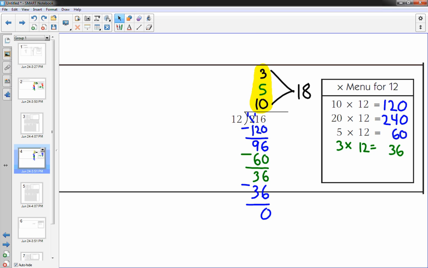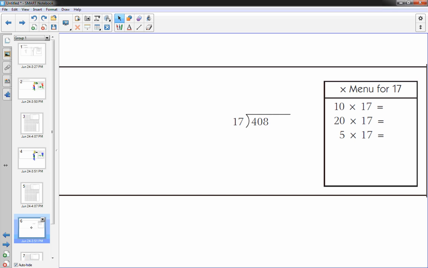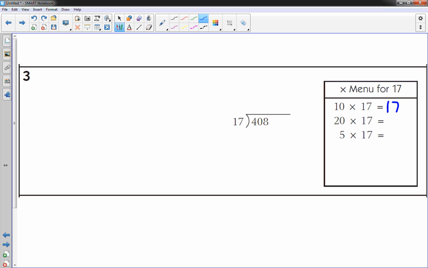Let's just do one more. Again, these problems are coming off of Home Connection 34, I believe. So one more problem. I have 408 divided by 17. I have a multiplication menu on the right. 10 times 17 is 170. 20 times 17 is just double that, so 340.